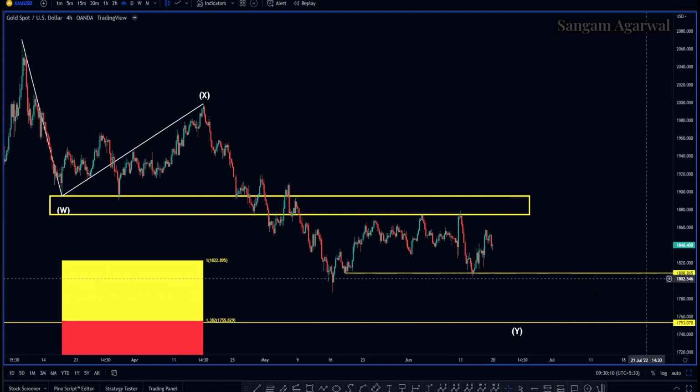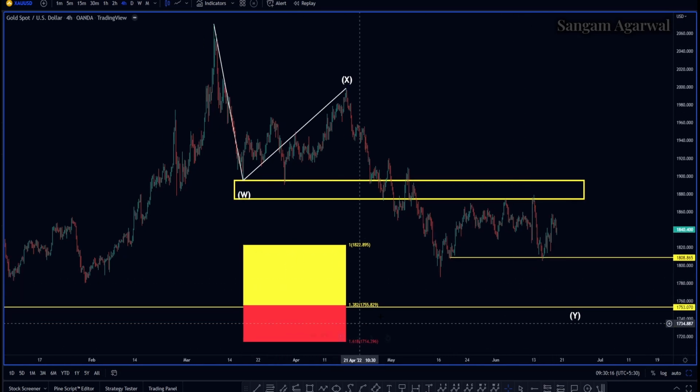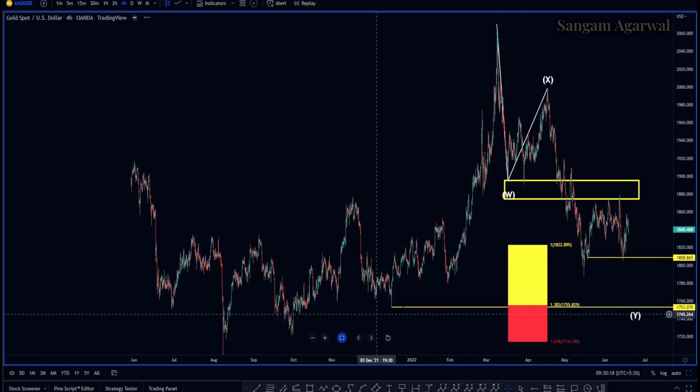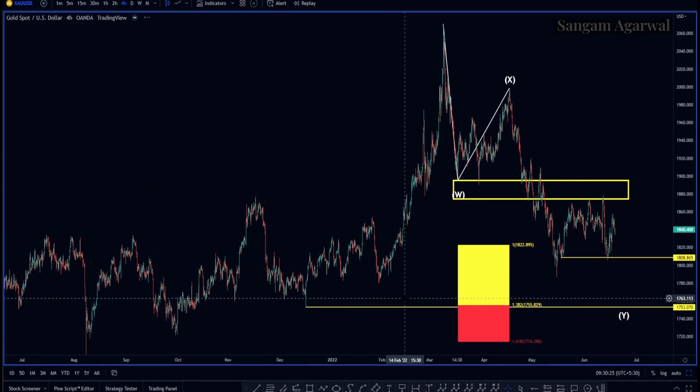So if this 1808, this FOMC low, breaks, then the next target will be 1755, and this support was also made during FOMC.